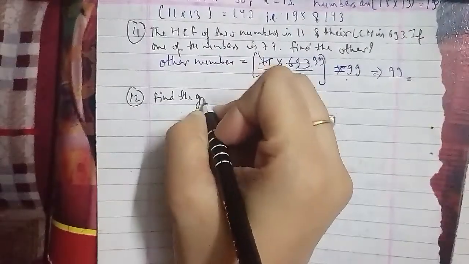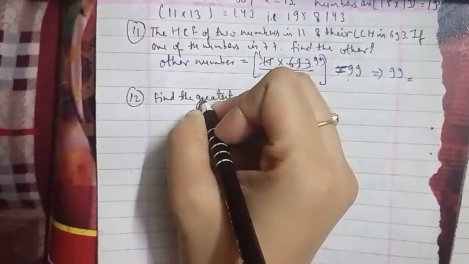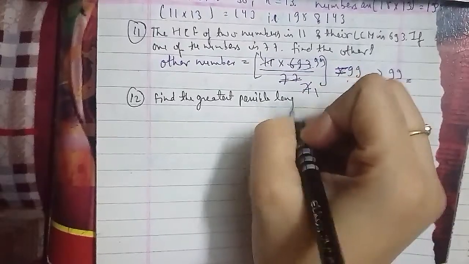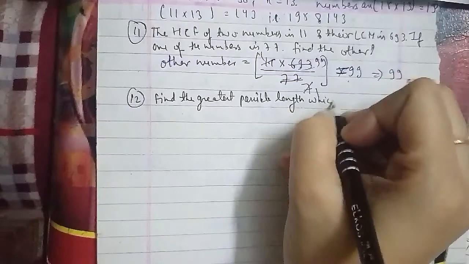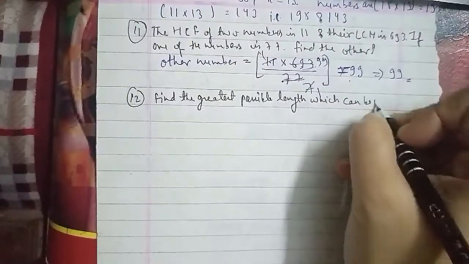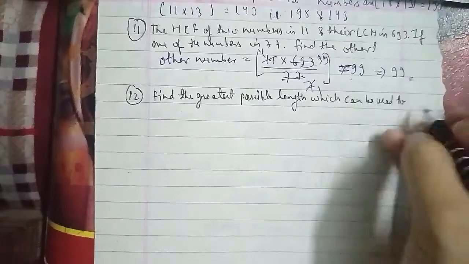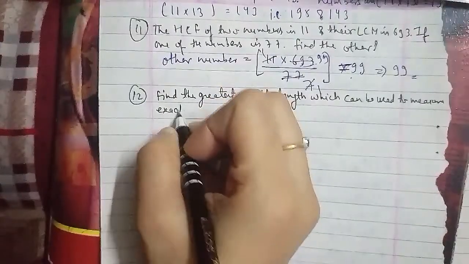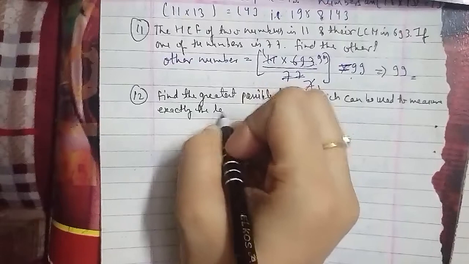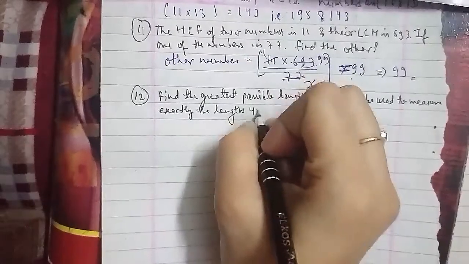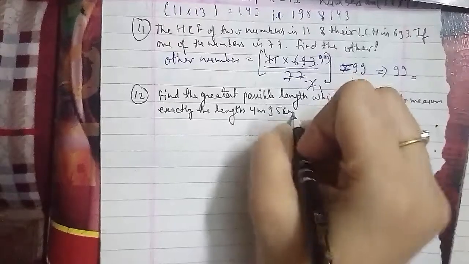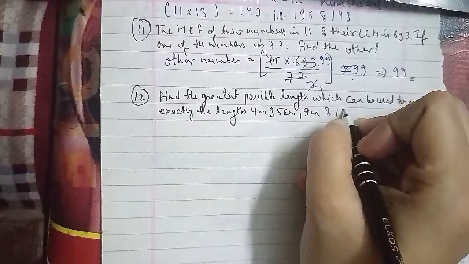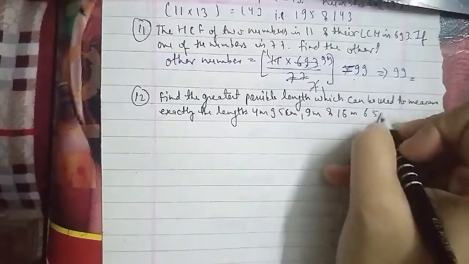Find the greatest possible length which can be used to measure exactly the lengths 4 meter 95 centimeter, 9 meter, and 16 meter 65 centimeter.